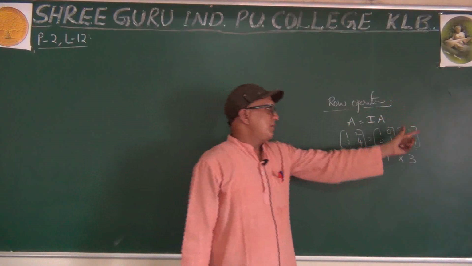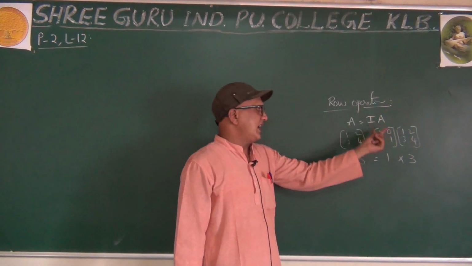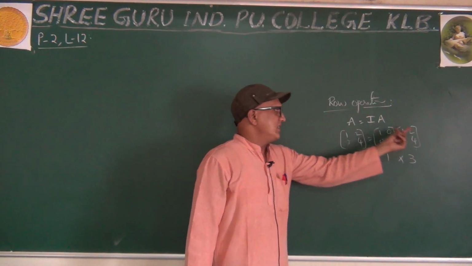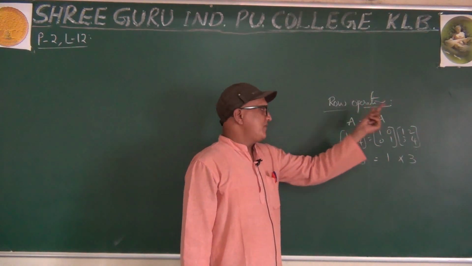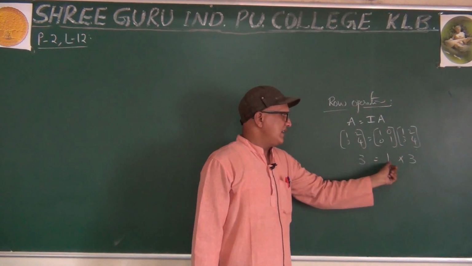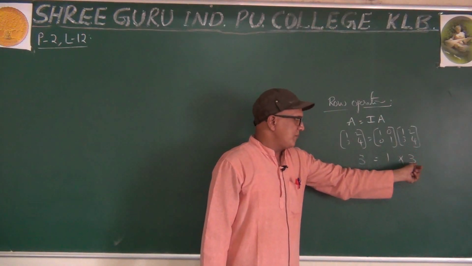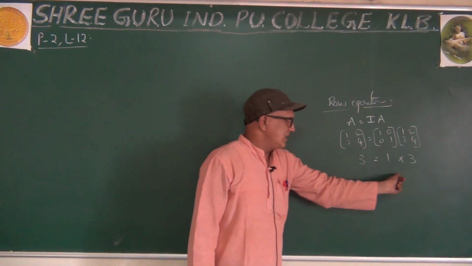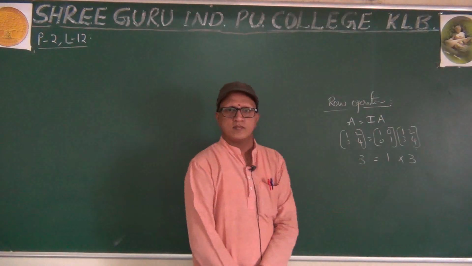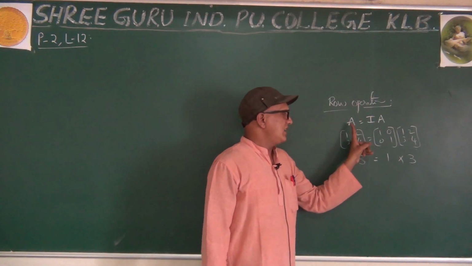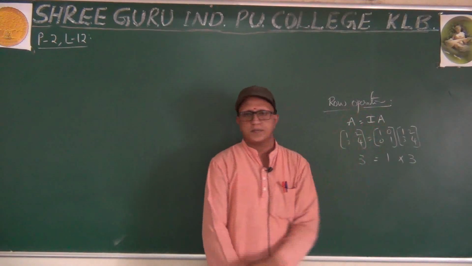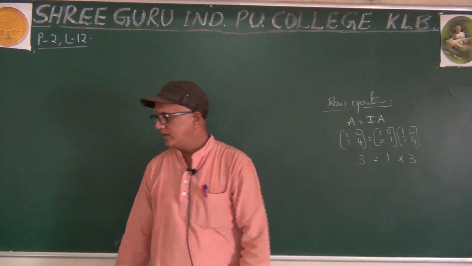If you multiply any matrix with the identity matrix, you will get the same matrix, just as if you multiply any number by 1, you will get the same number. So definitely you can write A equal to IA.